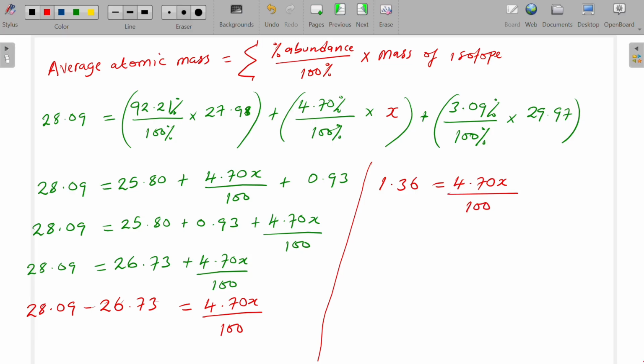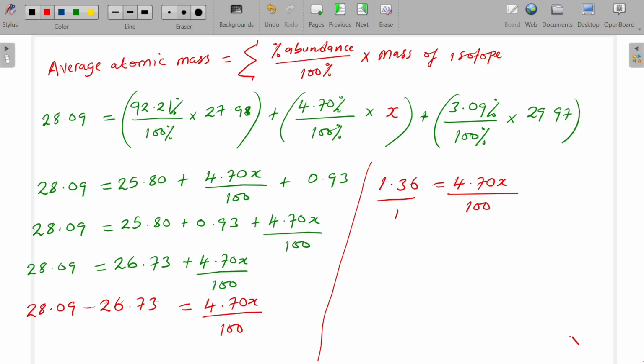100. All right. So when you reach this stage, we're going to cross multiply, meaning 1.36 multiplied by 100, and then 4.70x multiplied by 1. This is the same as over 1, like this. So any value that is standing is over 1, but we don't need to show that.